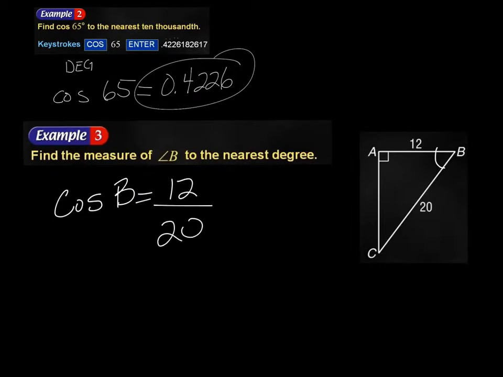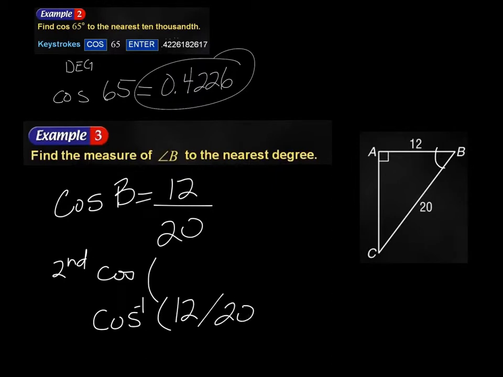In your calculator now, to get the inverse of something, you're going to hit second cosine, because we want to find the inverse cosine, and on your screen it gives you a parenthesis, and actually it looks like COS -1, because that's our symbol for inverse, parenthesis. And then you can use your divide bar, you can use your fraction bar, either one.